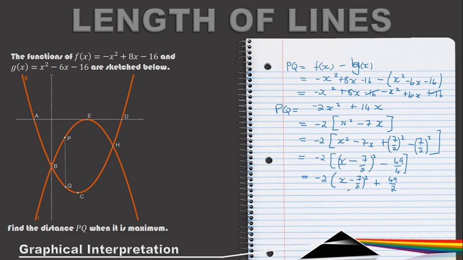So this is where my line's going to be maximum. So at x equals 7 over 2, my maximum PQ is equal to 49 over 2. So this is where it's maximum, and that's what the length is when it is maximum.